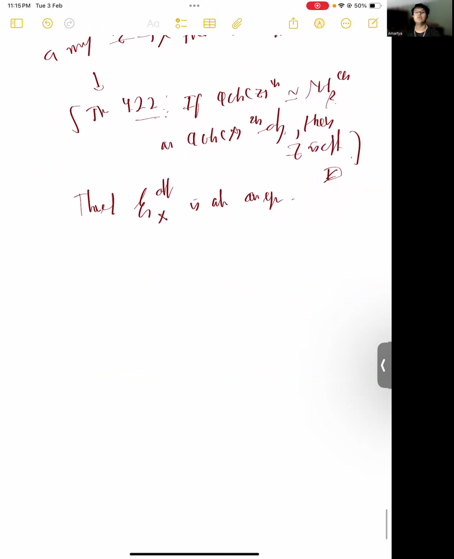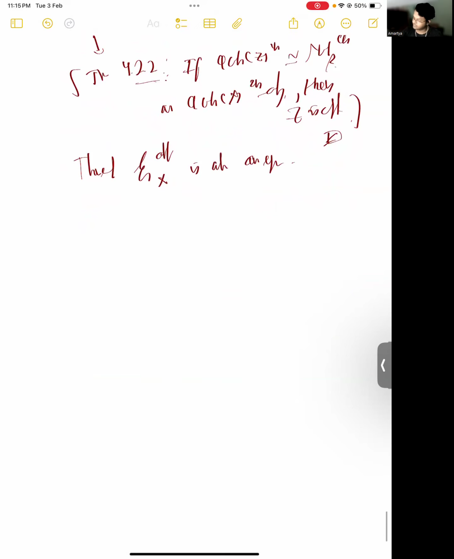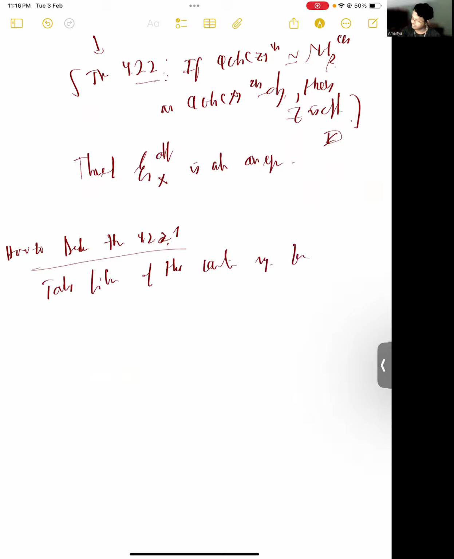Right. So the last thing that I have to say is, how to deduce Theorem 4.2.1 now from this? So right, take fibers of the Cartesian square from, I don't remember which lemma. Oh yeah, it was Lemma 3.5.1 of Stefanich.